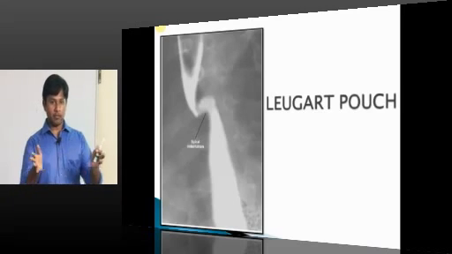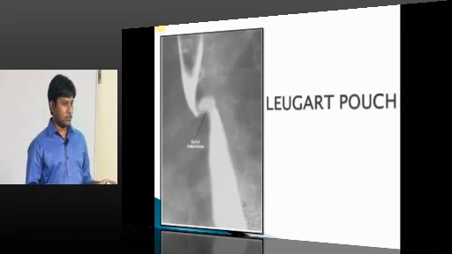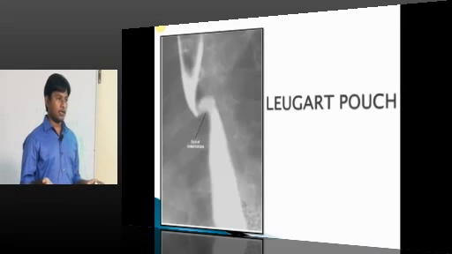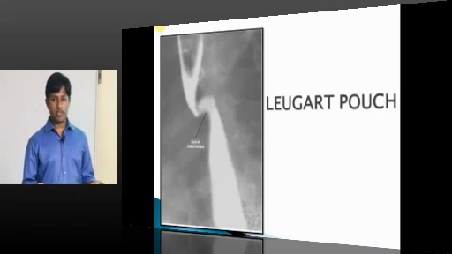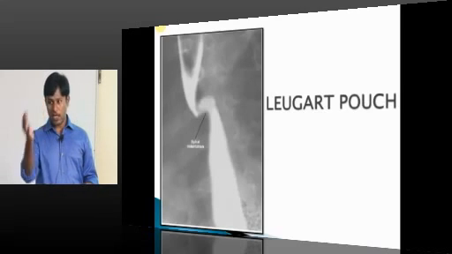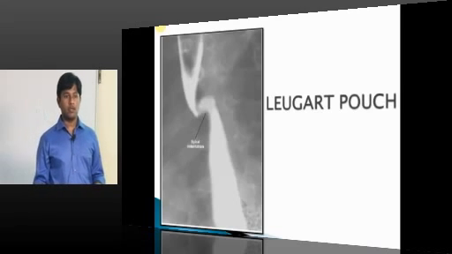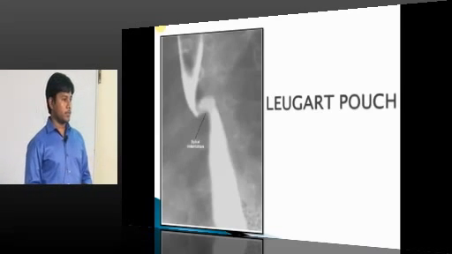It was coming in between the muscles. Zenker's diverticulum was present between the thyropharyngeus and cricopharyngeus. It was not having the coating of muscular layer. So it is a false diverticulum.